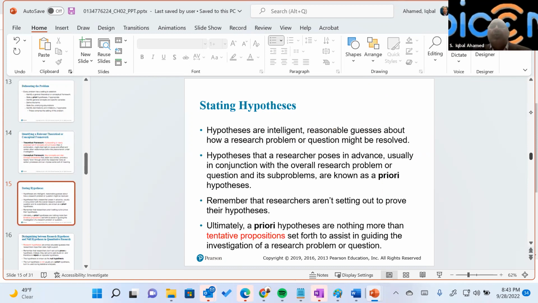That means, what is your reasonable guess, that for this particular one, this will happen, right? Those are your guesses; you can consider those your hypothesis. And if you write it down before going into the analysis, it is a kind of a priori hypothesis.